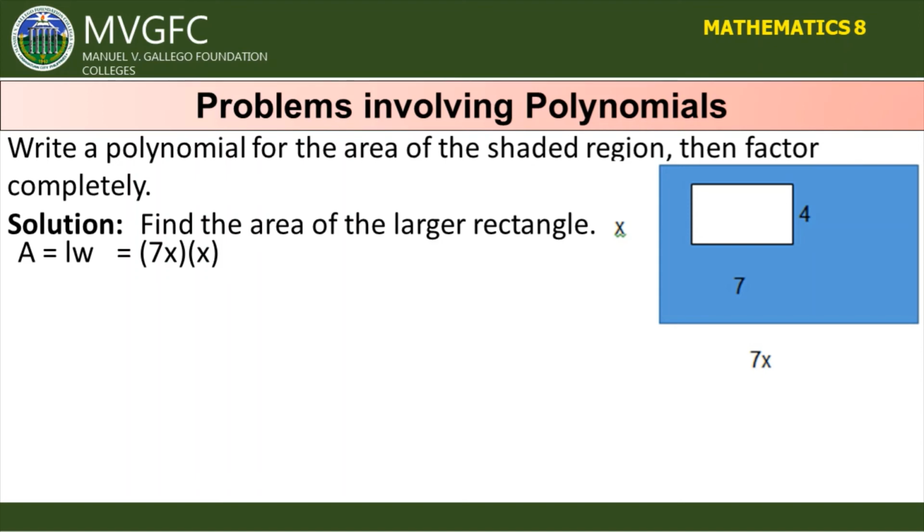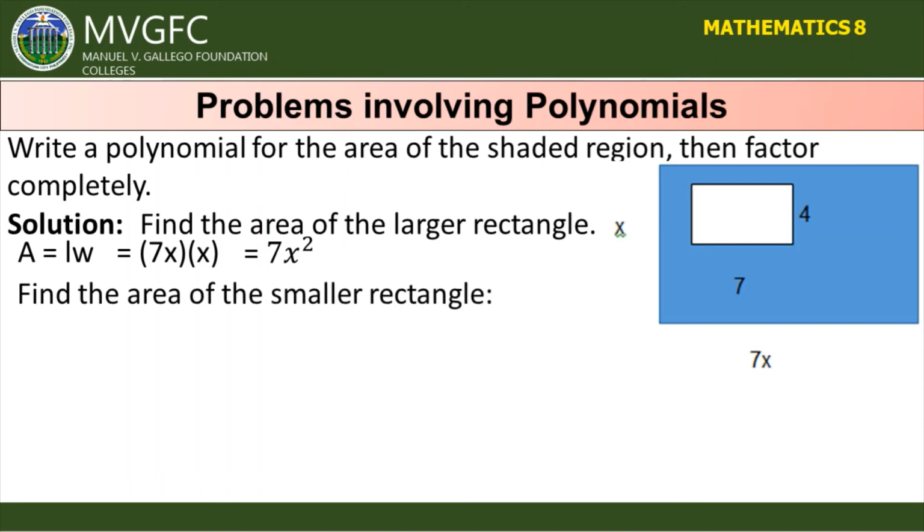In finding the area, we know that area is equal to length multiplied by width. So our larger rectangle, the length is 7x and the width is x. So 7x multiplied by x, our answer is 7x squared.